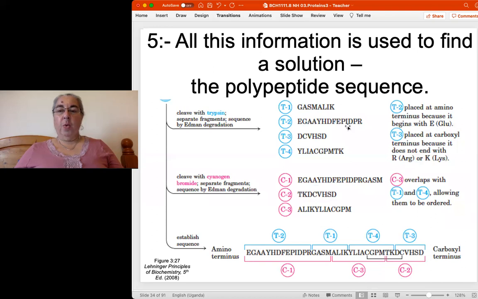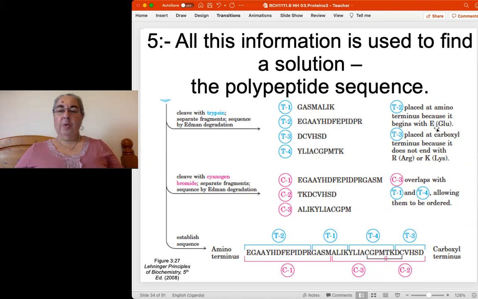So we know the amino-terminal amino acid. We've done the experiment, we've labeled it with FDNB, and we know that the N-terminal amino acid is an E, glutamate, okay?